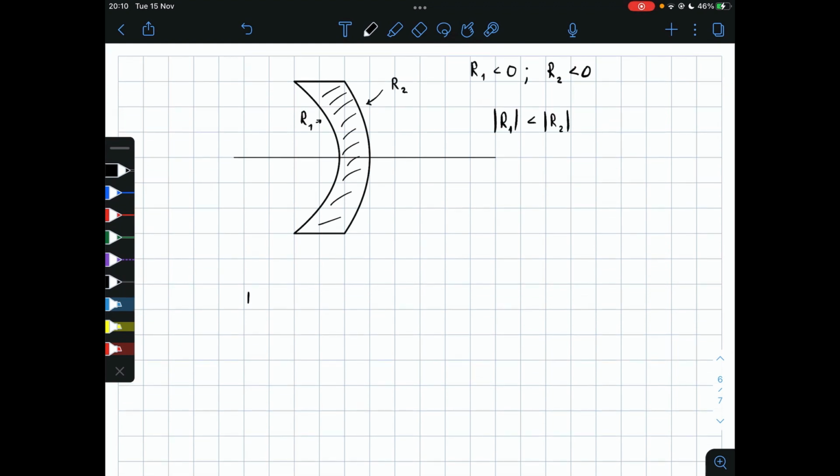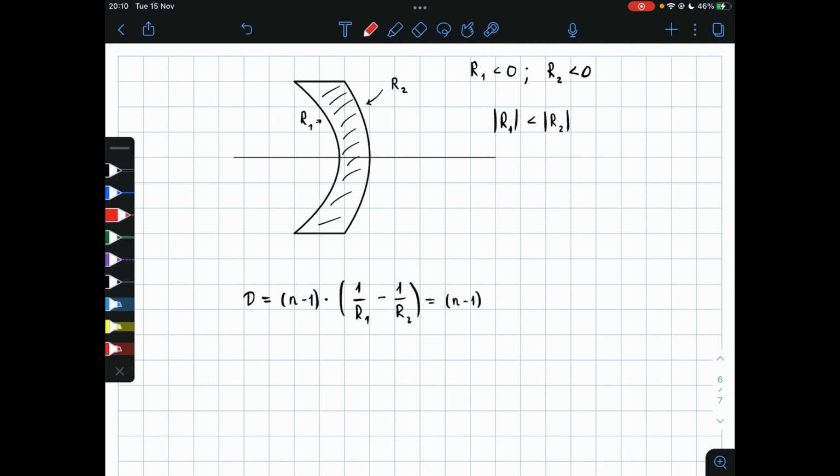So the lens maker formula will be 1 over f is equal to n minus 1 multiplied by 1 over R1 minus 1 over R2. We need to find the sign of this formula. n minus 1 is bigger than 0.